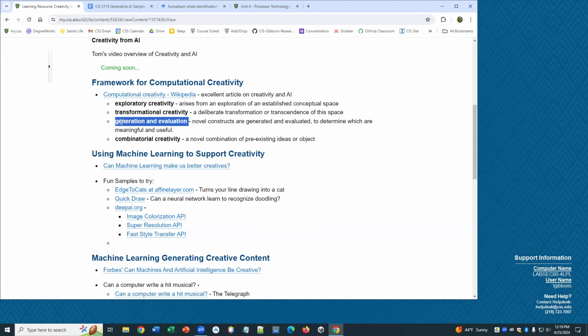The last thing is combinatoric creativity. This is combining pre-existing ideas or objects. And this is what we certainly see AI doing, taking a picture and putting it in a certain style, or combining different subject matters together.